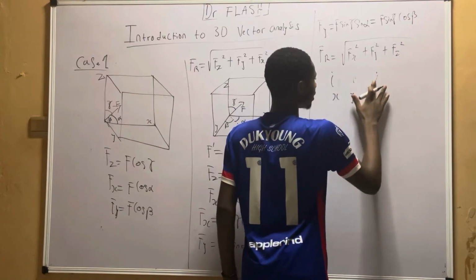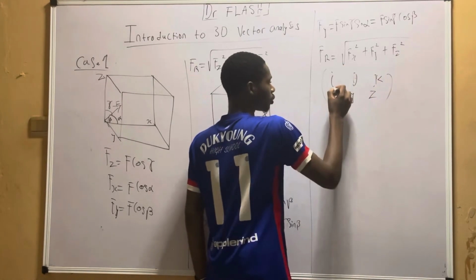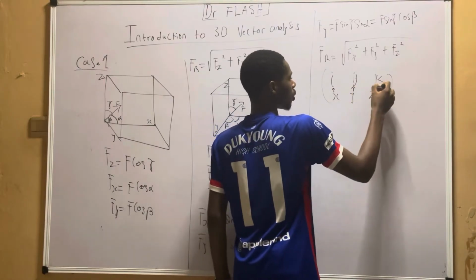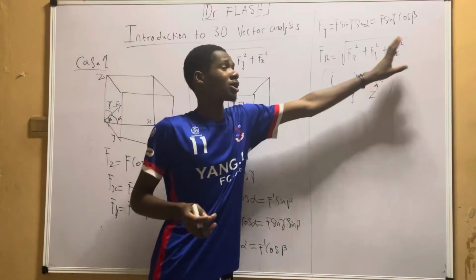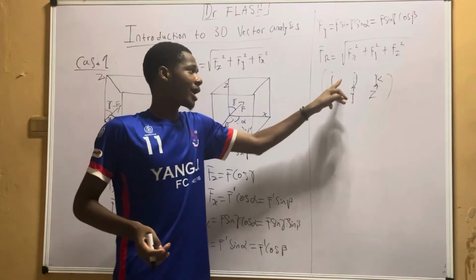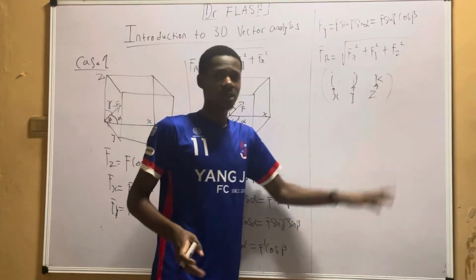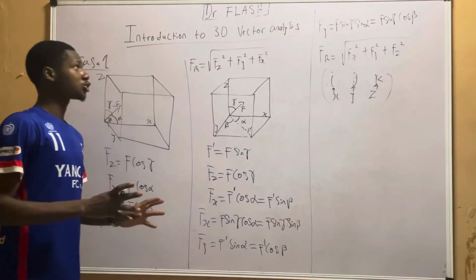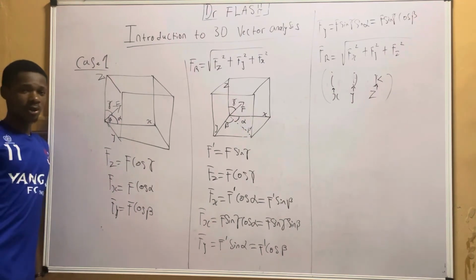So if you are seeing i, j, and k instead of x, y, and z, you should know that respectively i is x, j is y, and then k is z. So basically this is an introduction to how we resolve vectors when we are dealing with three-dimensional vectors.